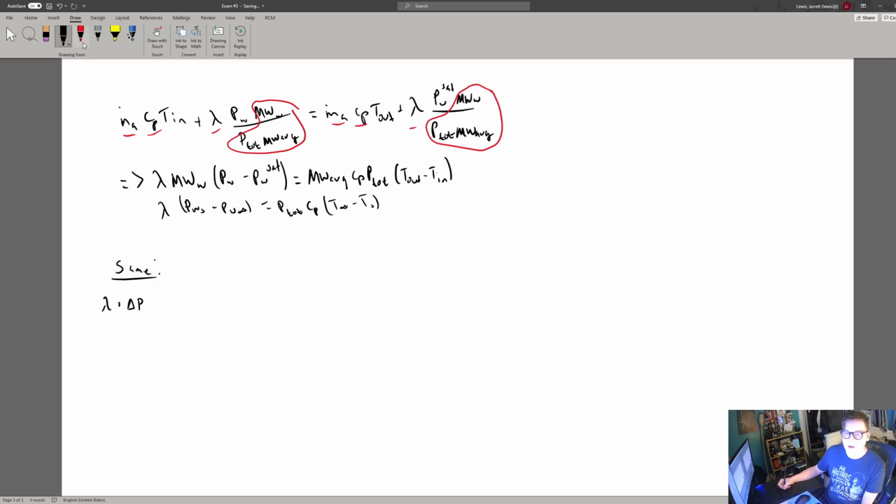And we also have, I'll mark this, the heat capacity times total pressure times a difference in temperature. So that's also the same.